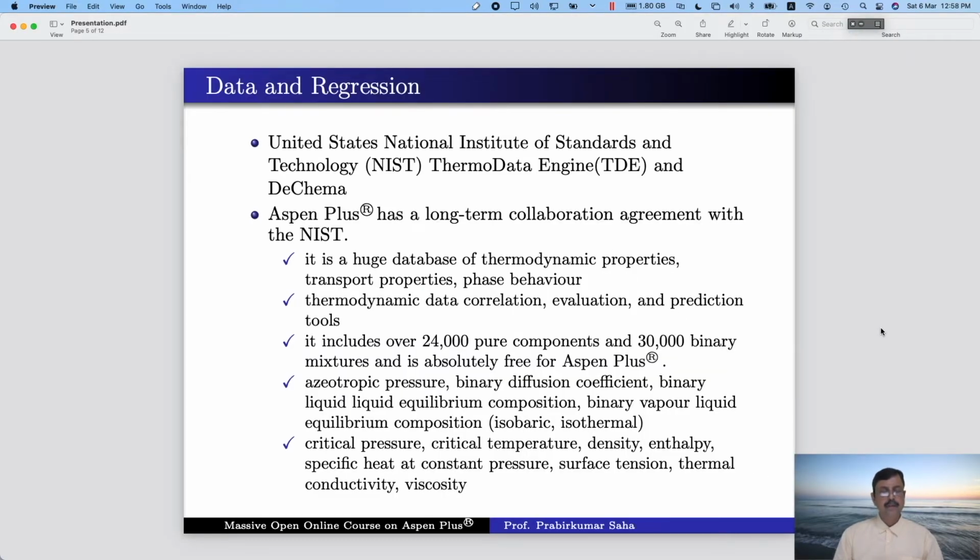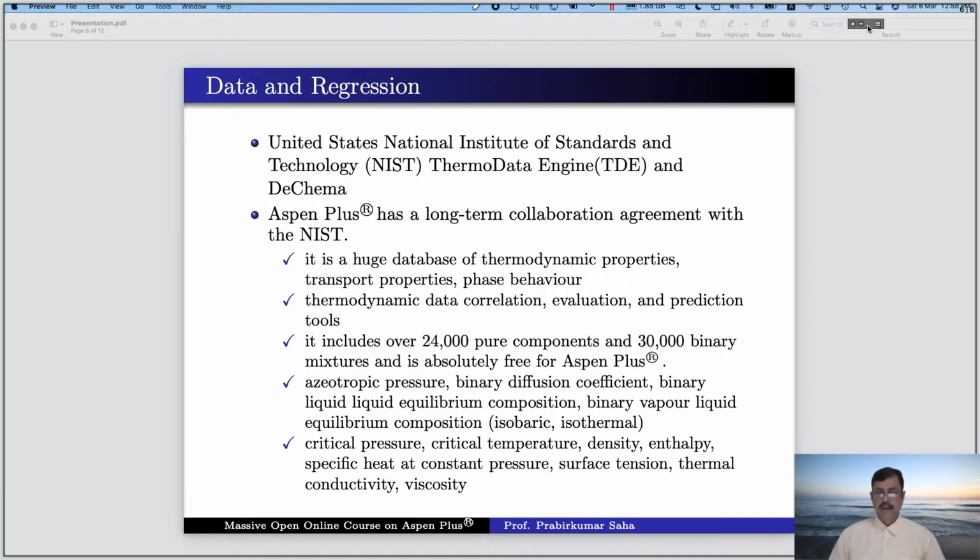Okay. Next, we will learn what is data and how to do the regression. Now, you already know what is regression. Suppose you have vapor-liquid equilibrium data, x versus y, and your model equation is, say, a plus bx plus cx square, and so on.